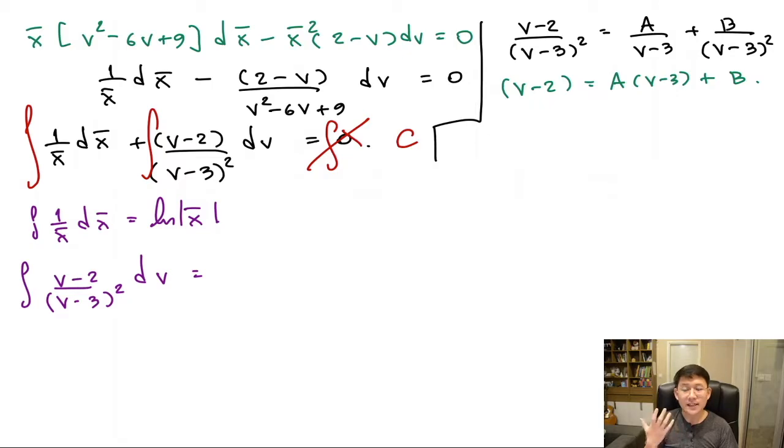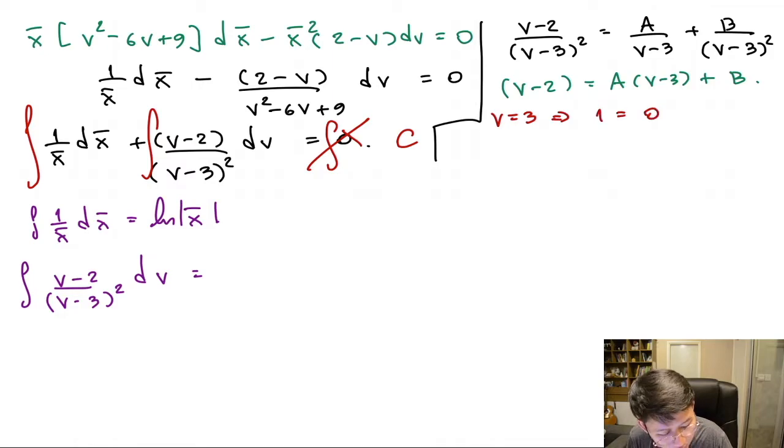So if I let v be 3, we have that 1 equals 0 plus b. So we know that b is just 1. Okay? Make sense?